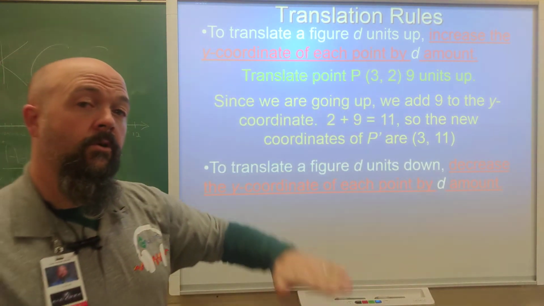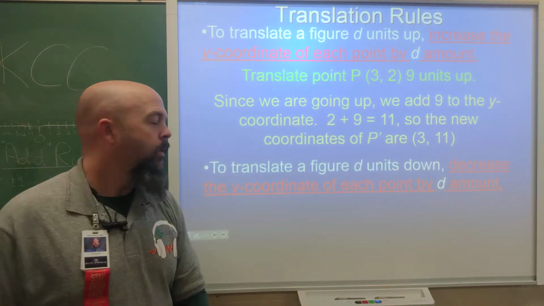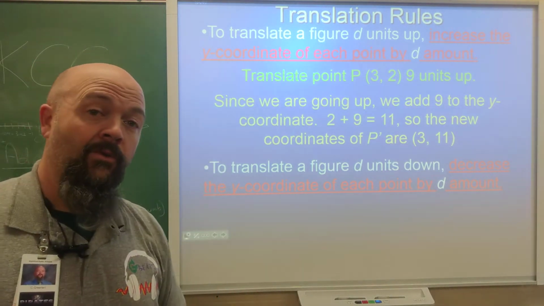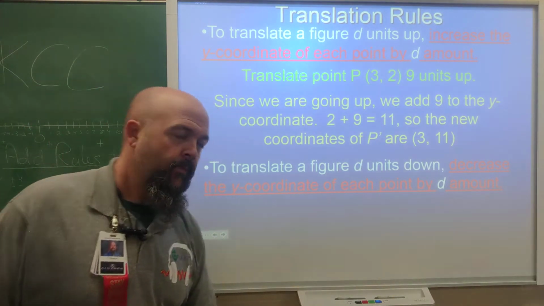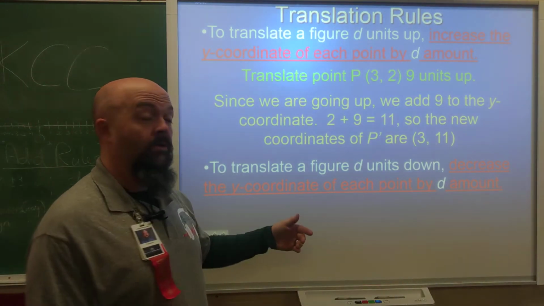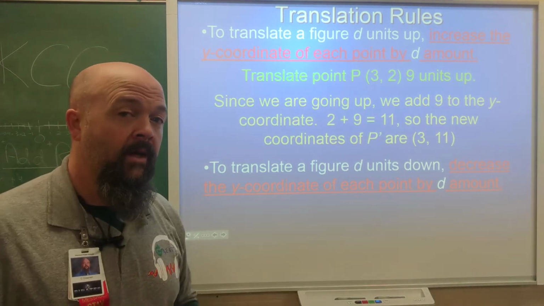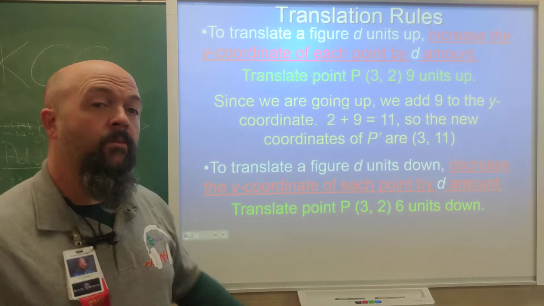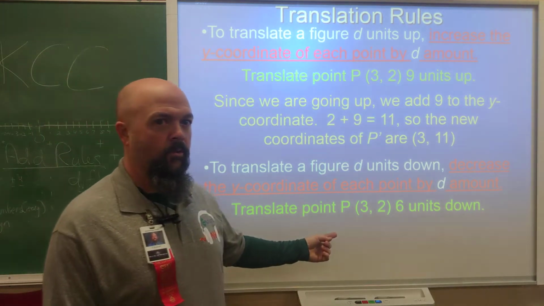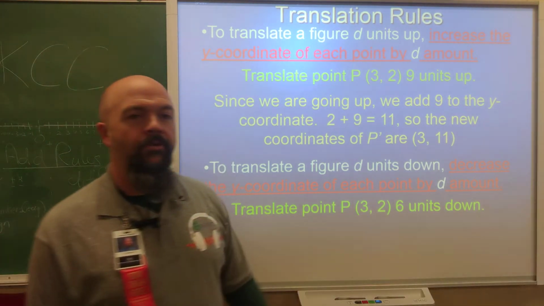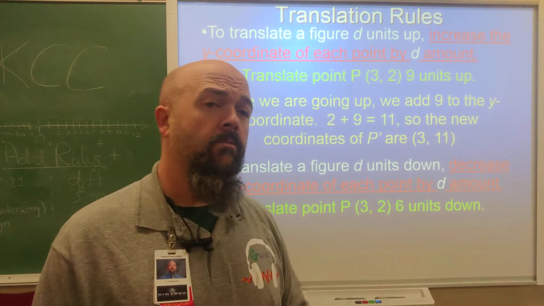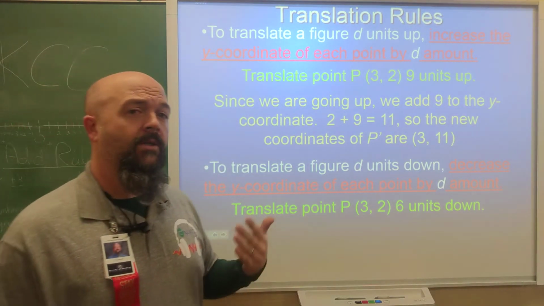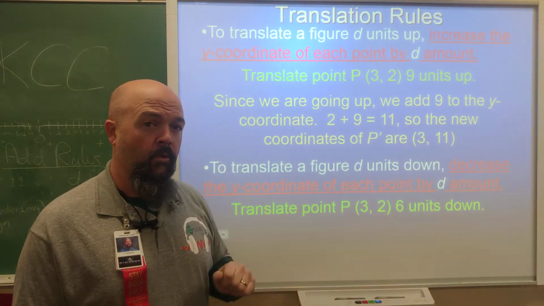Okay. Now let's go the other direction, which of course is down. When we're down, we're decreasing. We're getting rid of, or we're lowering. So if that situation is going to happen, then we're going to take the y coordinate once again and decrease it because we're talking about moving down. So P, what a surprise, right? For the 4th time. 3, comma 2 is now getting moved 6 units downward. So we're only worried about the y coordinate, which is the 2 in this ordered pair.